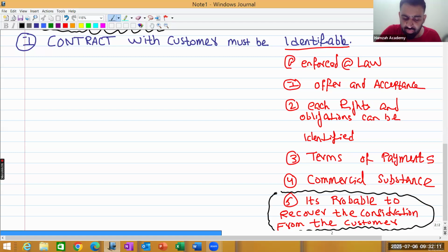Look at condition number 5. It is probable to recover the consideration from the customer.